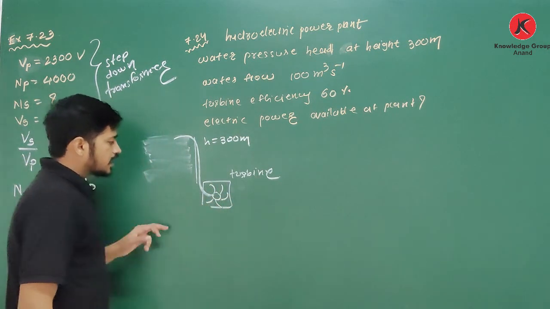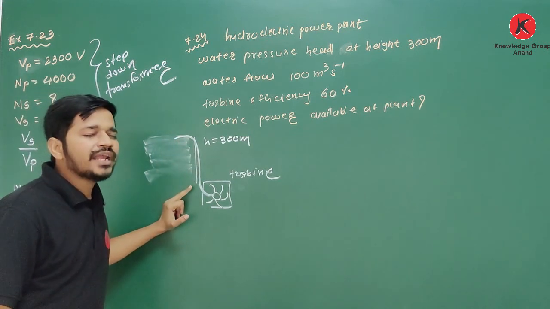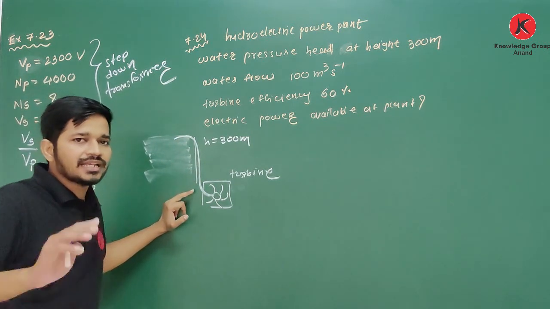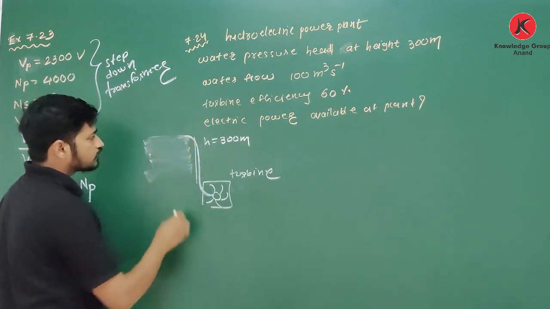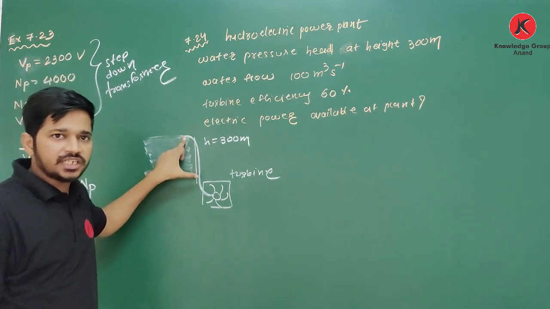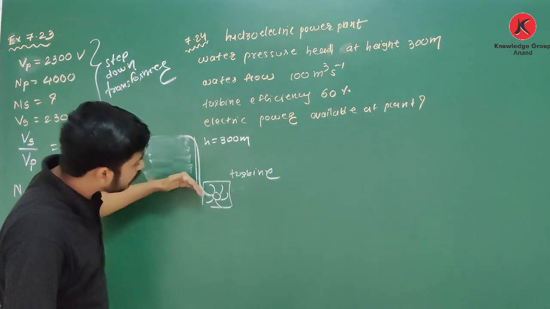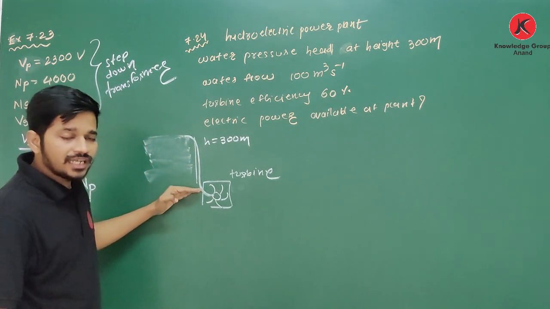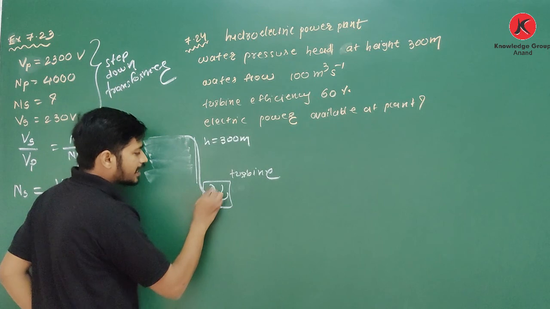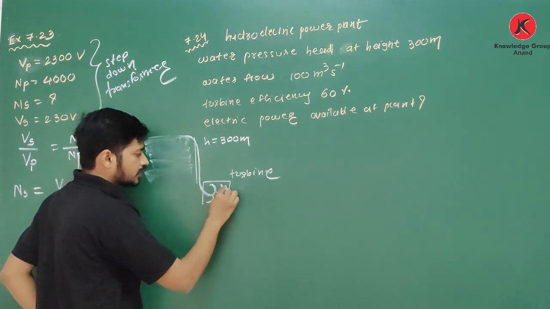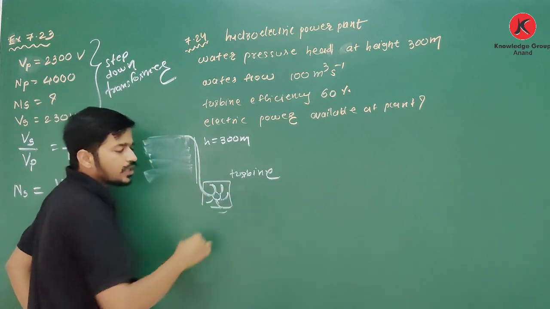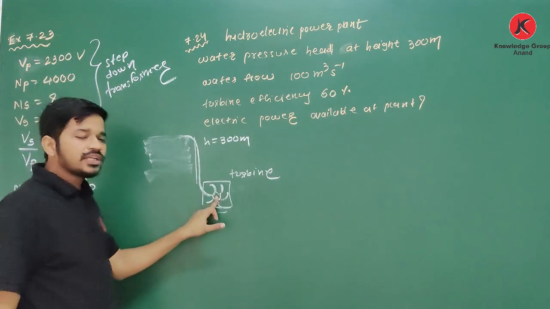This water is stored at height, so it has potential energy. When that water is flowing down, its potential energy is converted into kinetic energy, and due to kinetic energy, there is force acting on these vanes, and this turbine will rotate.